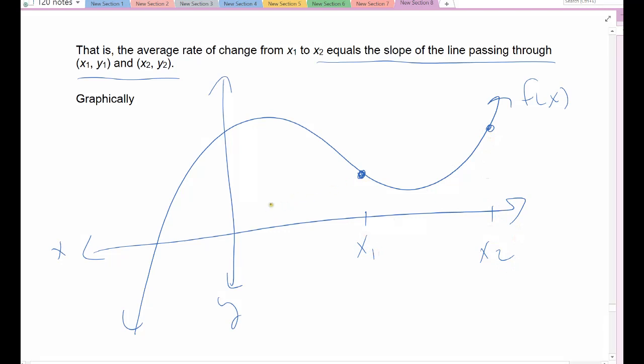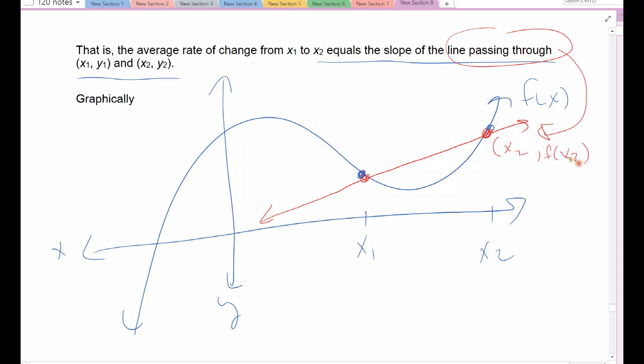Connect the dots, so I'm going to draw a red line, it's supposed to go through my dots. There's the line that passes through those two points. It's a secant line. It passes through the point x2, f of x2, and passes through the point x1, f of x1.